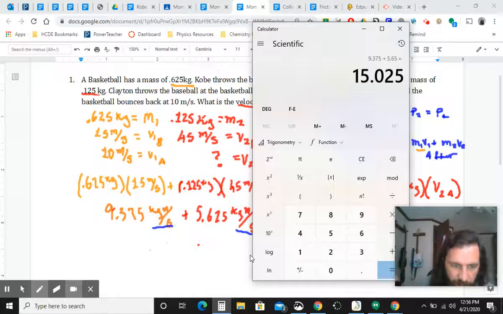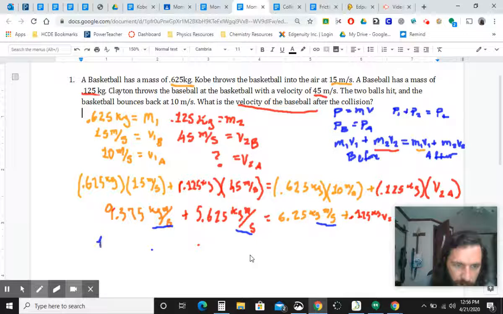Okay, let's write that down. And our units are still the same. So we have 15.025, and those are still kilogram meters per second.